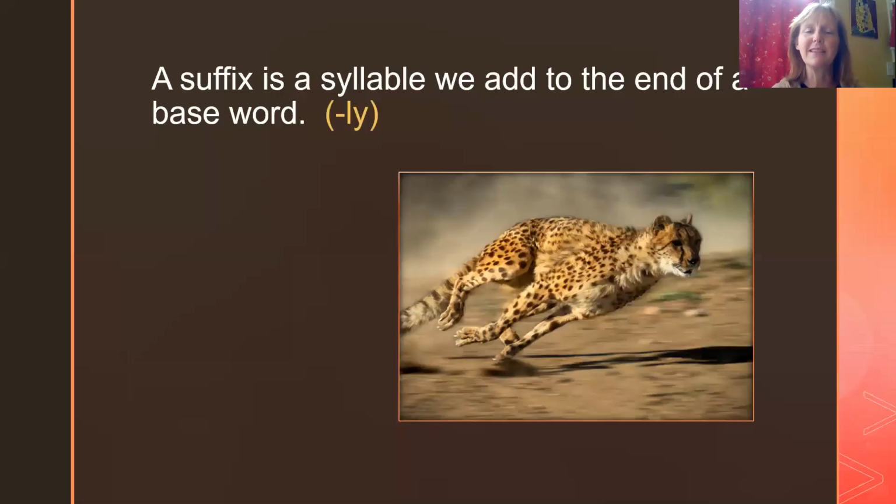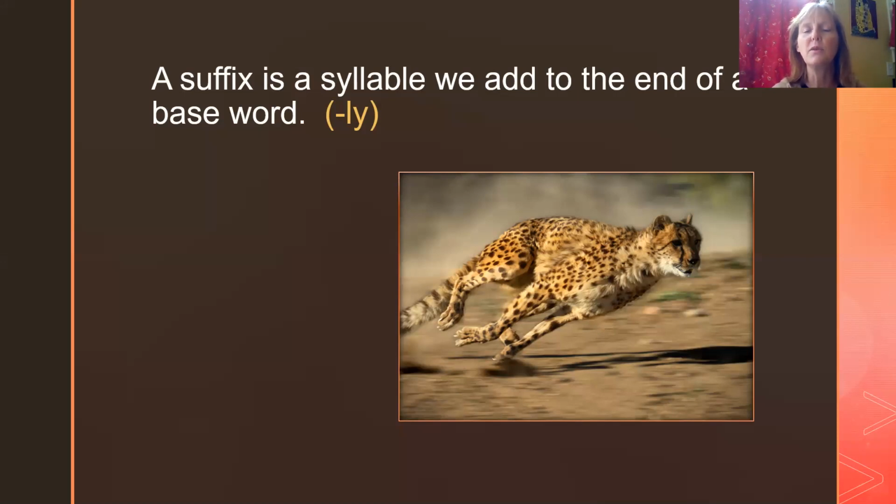We're going to talk a little bit about suffixes today. The suffix is a syllable that we add to the end of a base word. One of the things you want to remember about a syllable is that every syllable in the English language has a vowel sound. This is why we consider the letter Y often to be a vowel, because at the end of a word, we often end with the letter Y, making either the long E sound or the long I sound.